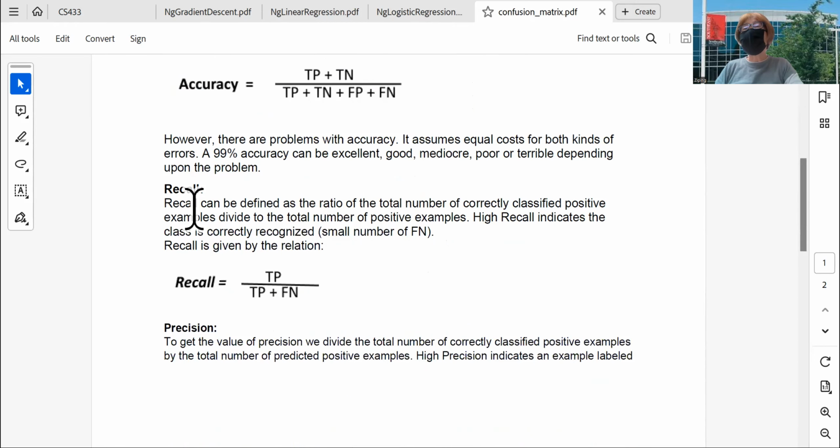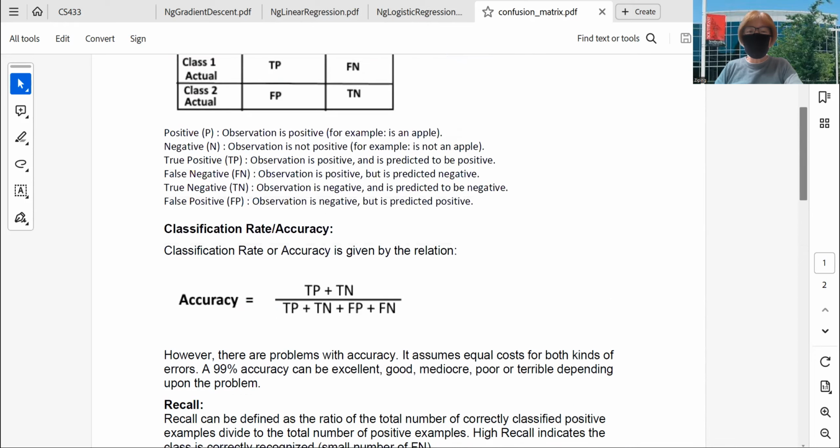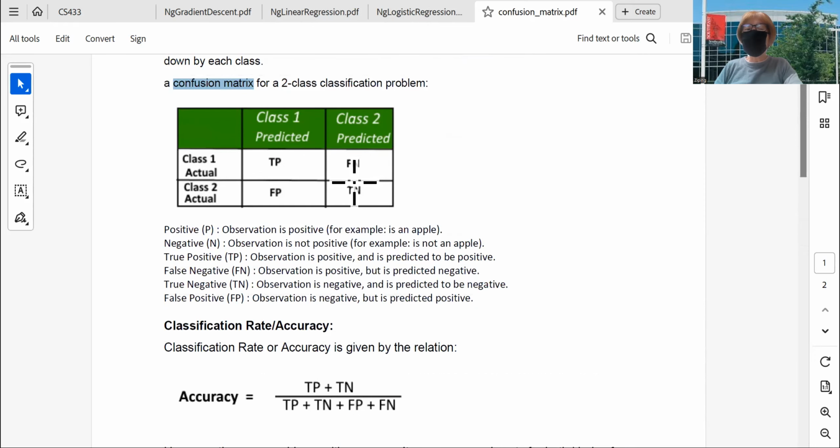There are some other measuring factors. One is called recall. Recall is about what? True positive over true positive plus false negative. So it's only regarding this row: actual class 1, but you predict class 2.